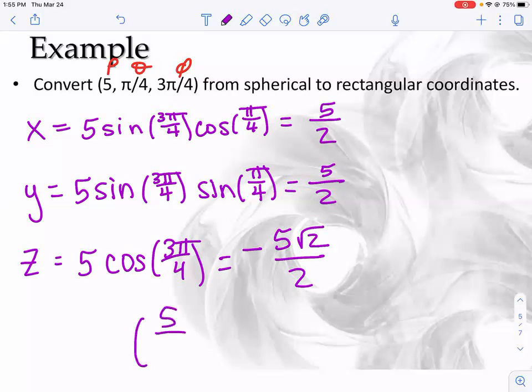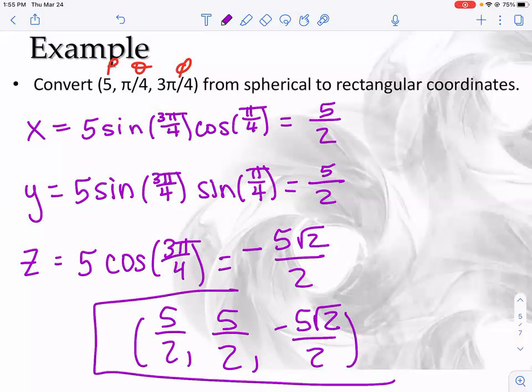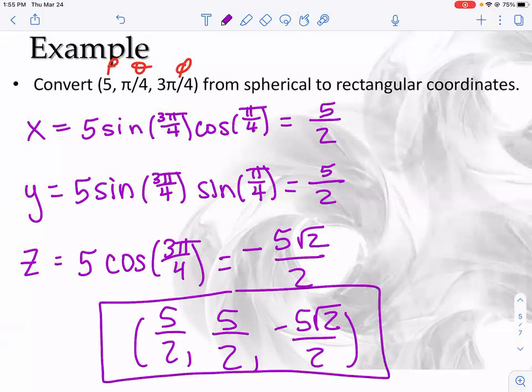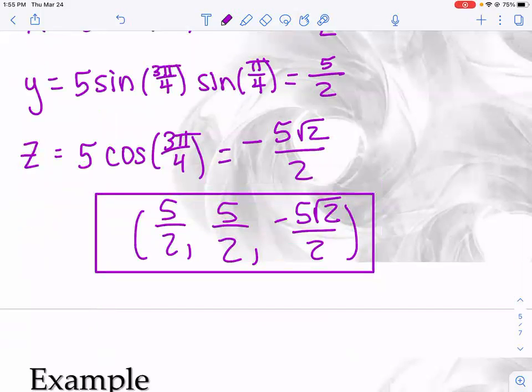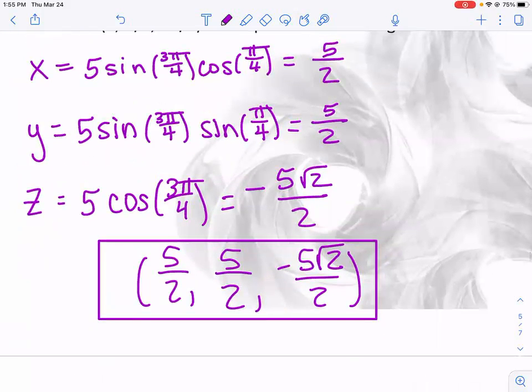So we have 5/2, 5/2, negative 5 radical 2 over 2. Okay.